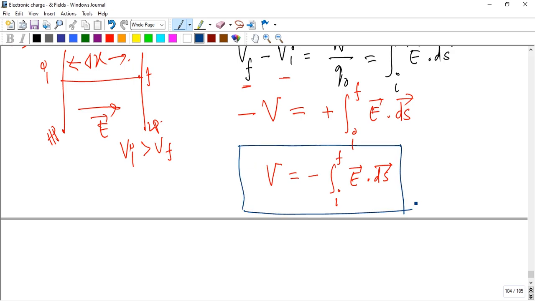The potential value, when we move between I to F, between adjacent equipotential lines in a uniform electric field, is parallel to the field lines. So that concept is like that.